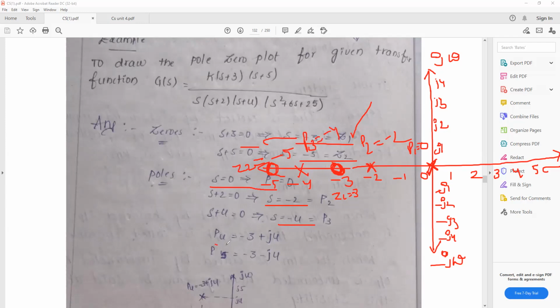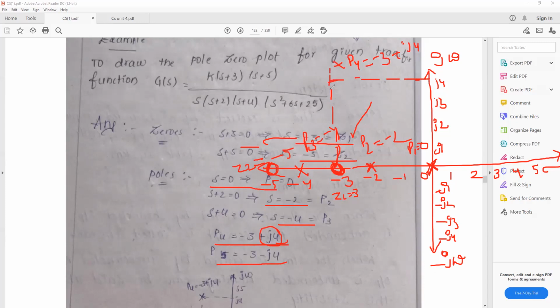And the fourth pole is -3 plus j4, the fifth is -3 minus j4. So this is -3 on the real axis, plus j4 on the imaginary axis. Mark the dotted lines from the imaginary axis. So -3 plus j4 is the fourth pole. -3 is the real term, j4 is the imaginary term.